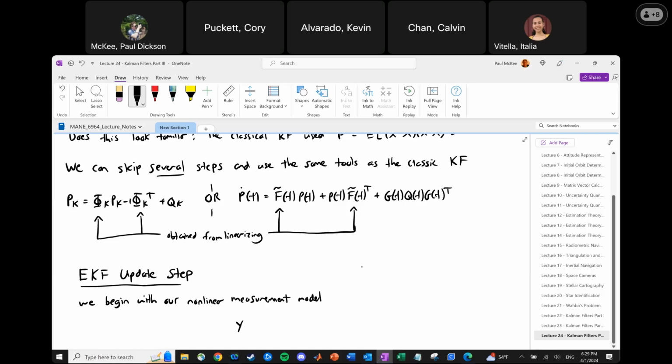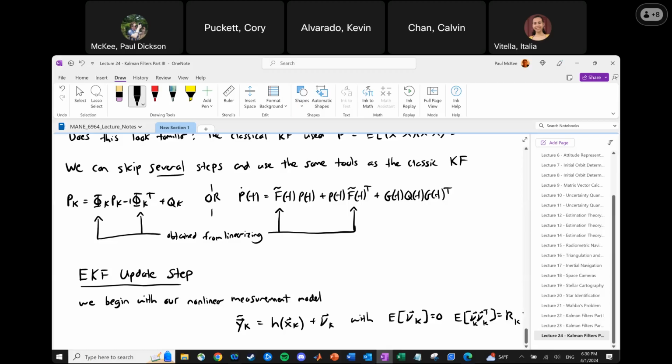And so that is, as a reminder, y_k is equal to h of x_k plus nu_k, where the expected value of our measurement noise is 0, and the expected value of our measurement noise times its self-transpose is the measurement covariance matrix R. And these should each have Ks, and this should have a K. So someone found me a mistake in my notes.